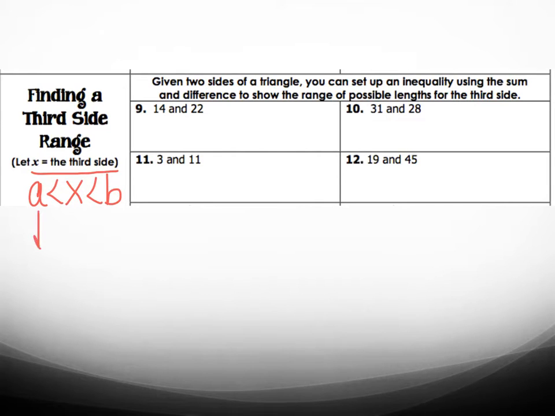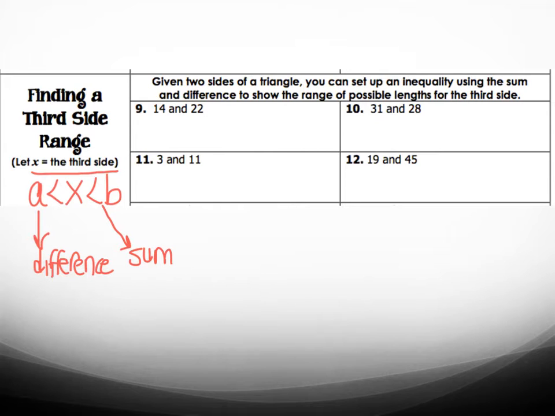To find our smallest side, we're going to take the difference. And that's going to give us our smaller side. And for our larger side, we're going to take the two sides that we're given and add them up. So we need a sum and we need a difference, and that's going to give us our range of the possible third sides.